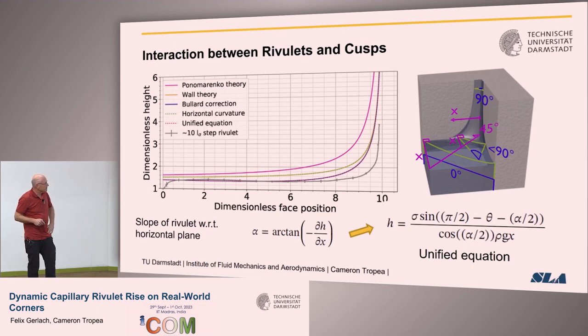And this, again, is a little bit complicated, and maybe you can see it or just imagine what we're doing from this picture. So basically, what we're doing is we're trying to get the curvature normal to the vertical profile of the rivulet. Okay, so as I say, a lot of trigonometry, and this is what comes out in terms of height as a function of where you are along the rivulet.